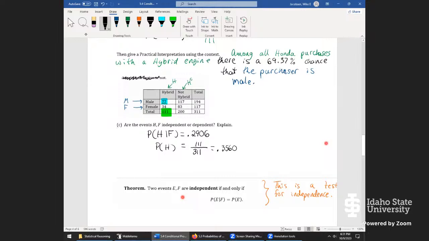So now this is basically a three-step process. Step one, do the conditional probability like here. Step two, do that ordinary probability right there, since that one's not conditional. And this is the easiest part to miss. Step three, don't forget your conclusion.